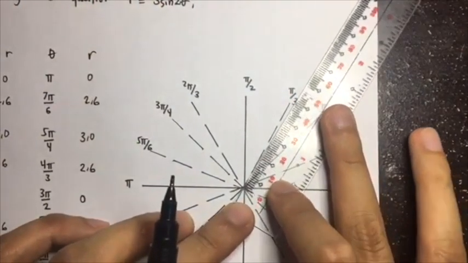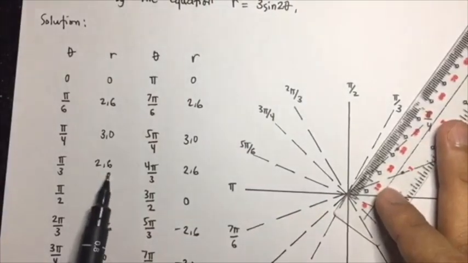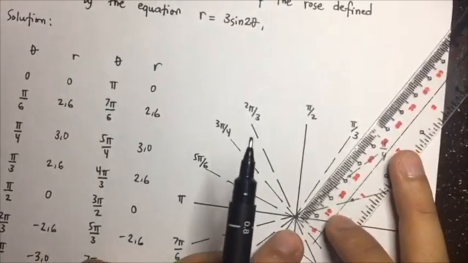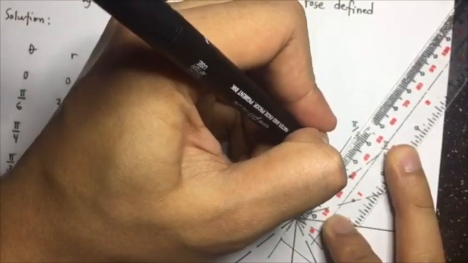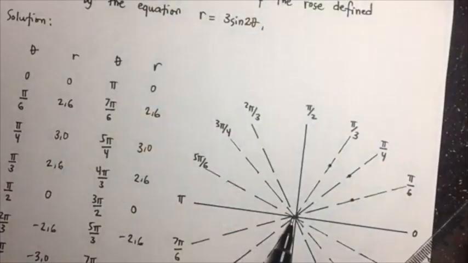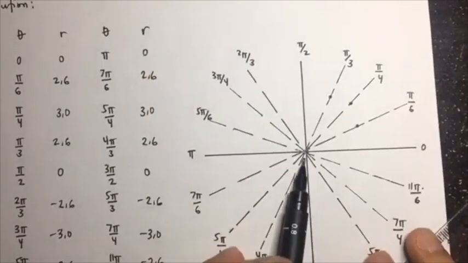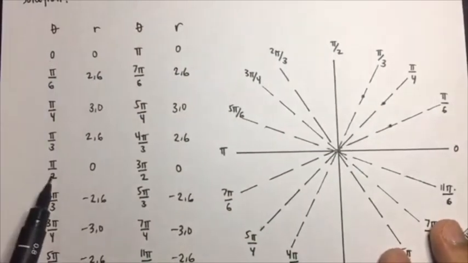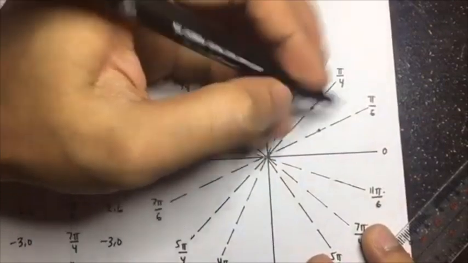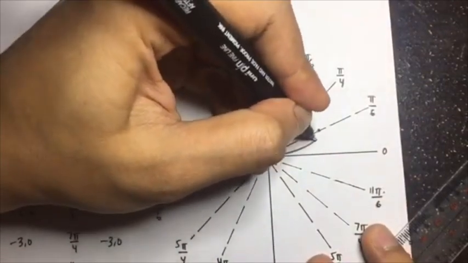And then at pi over 3, we are back to 2.6 around here. And then back to 0. So from 0 to pi over 2, the curve must look like this.